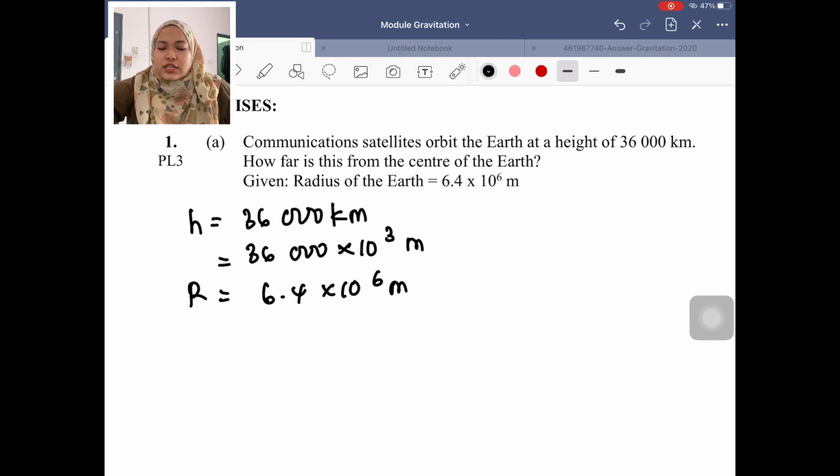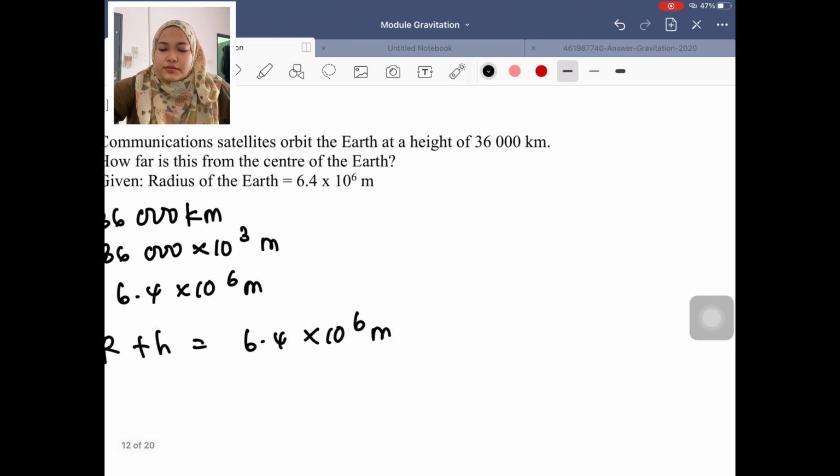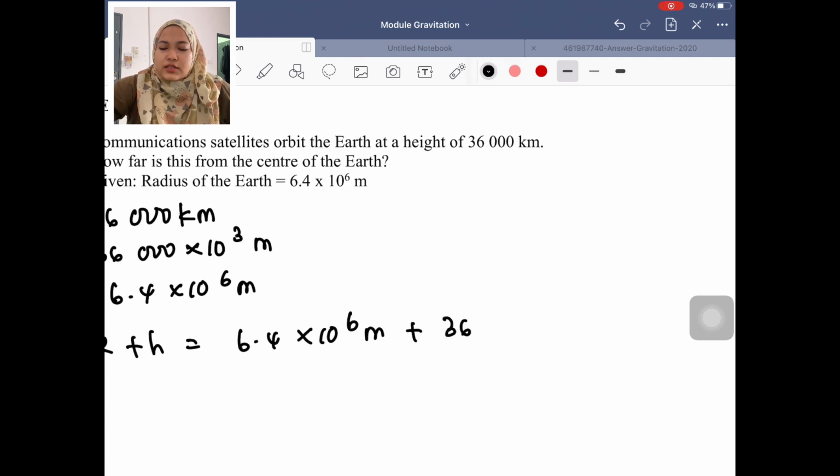So macam mana kita nak cari? Ingat lagi, so R kecil sama dengan R plus H. So 6.4 times 10 to the power of 6 meter plus 36,000 times 10 to the power of 3 meter.